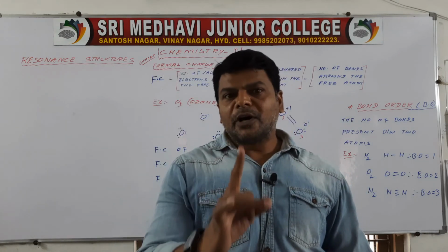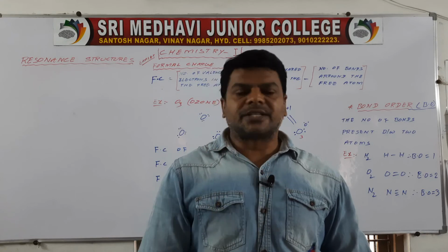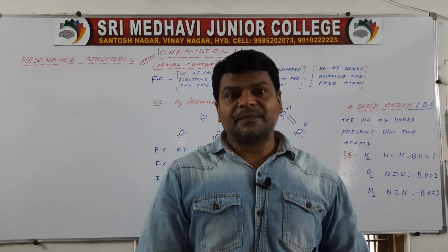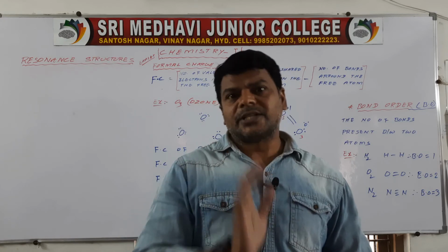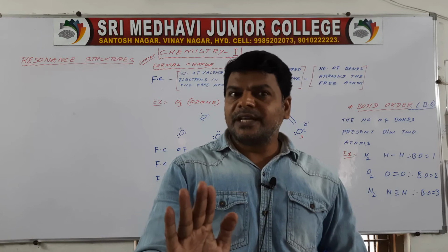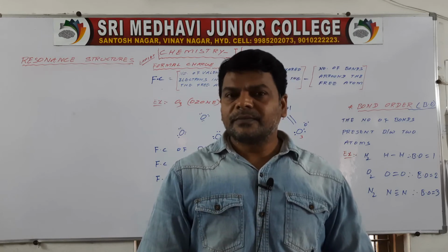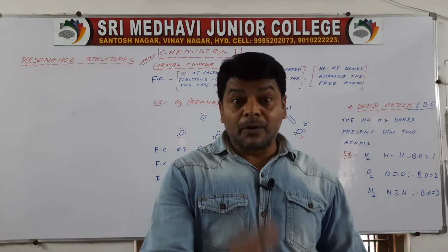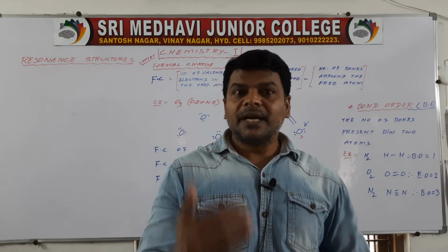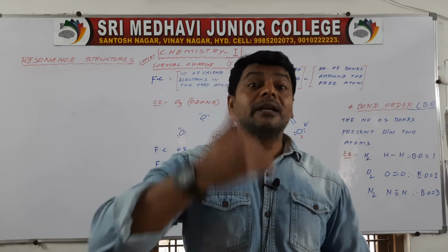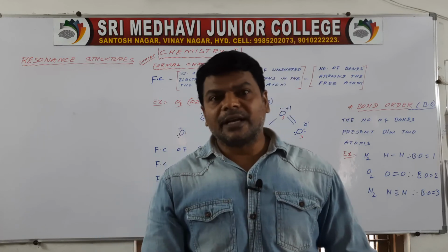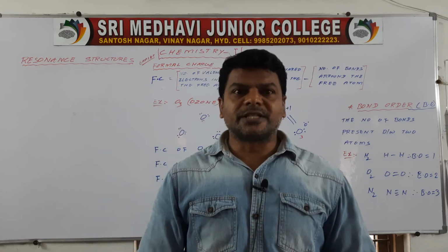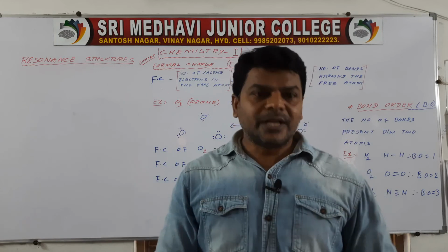See, one molecule cannot be represented with one structure. One molecule can be represented by more than one structure. They are nothing but its canonical structures. Without changing the position of the atoms, without changing the number of electrons, without changing the number of bonds in that molecule, we may give more than one structure for one molecule. They are canonical structures. This canonical structure represents the parent molecule structure, which is called the resonance structure.